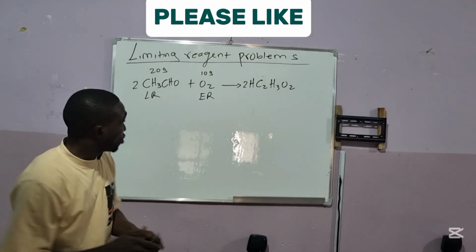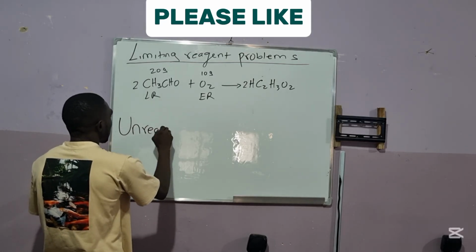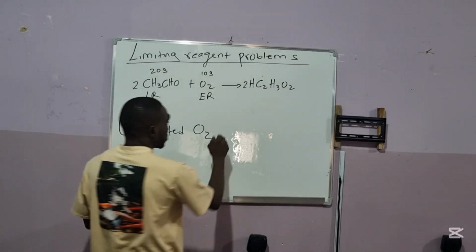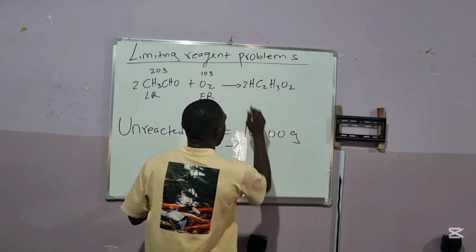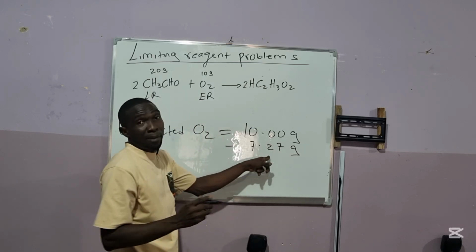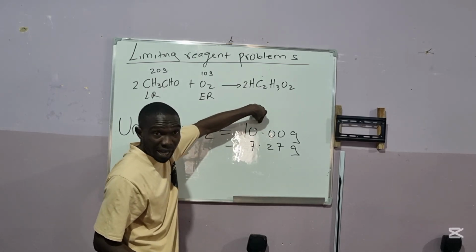So in simple terms, we can say that the unreacted oxygen, which is the excess, is equal to 10.00 grams minus 7.27 grams, because 7.27 is the amount of oxygen that was consumed, and 10.00 is the total amount.